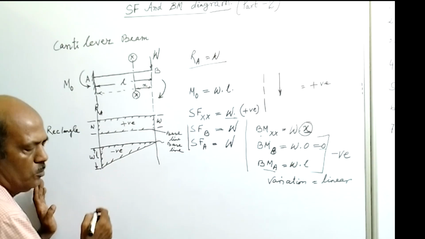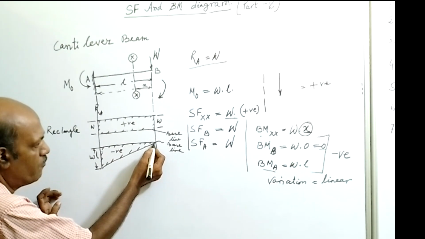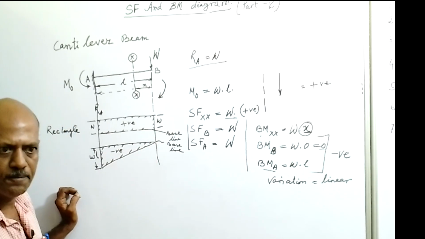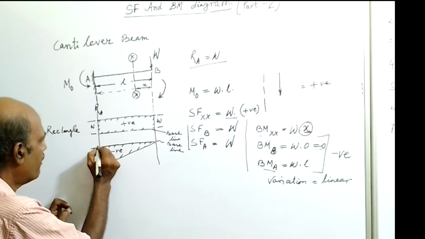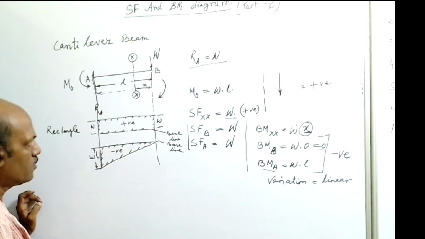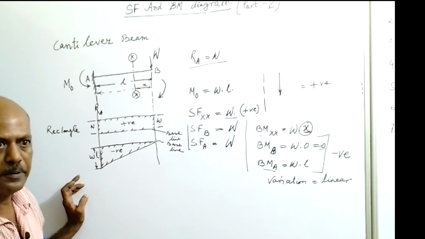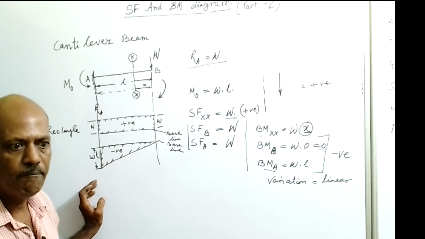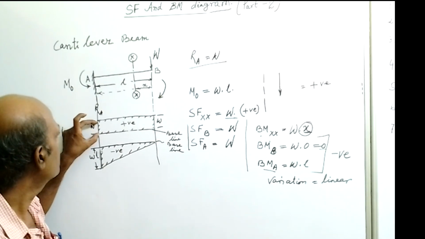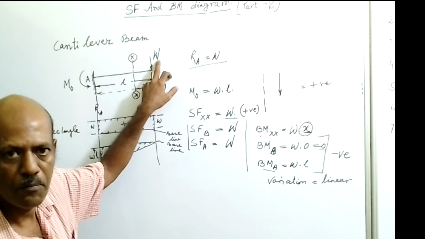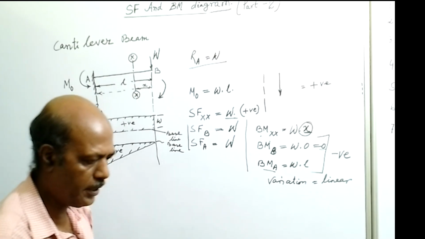Okay, and also from the bending moment diagram, it is seen that bending moment at free end is 0 and bending moment at fixed end is maximum. So this is also a multiple-choice question. For cantilever beam, the bending moment at the fixed end will be maximum, and shear force diagram will be a rectangle for point load acting at the free end.